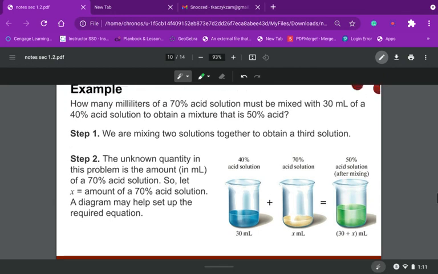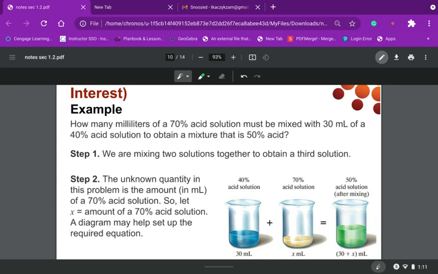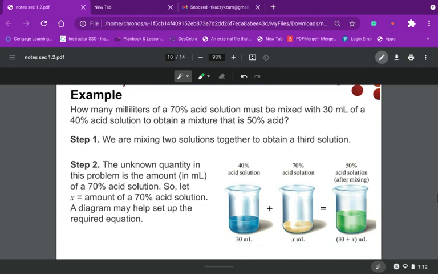Okay, so let's just read this problem. So here they're asking how many milliliters of 70% acid solution must be mixed with 30 milliliters of 40% acid solution to obtain a mixture which has 50% of acid. Okay, so here this is the situation.